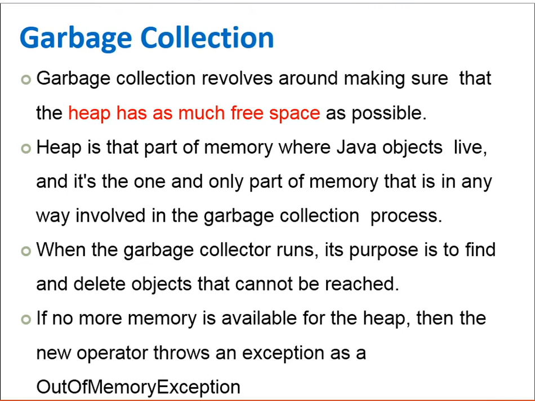When the garbage collector runs, its purpose is to find and delete objects that cannot be reached. If no more memory is available for the heap, then the new operator, trying to allocate memory, throws an out of memory exception.